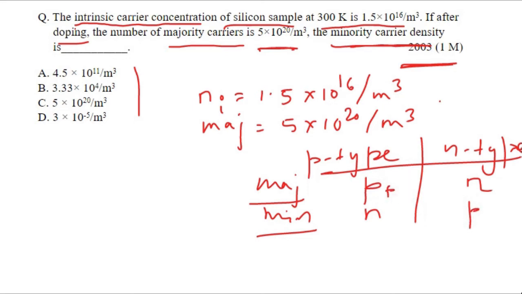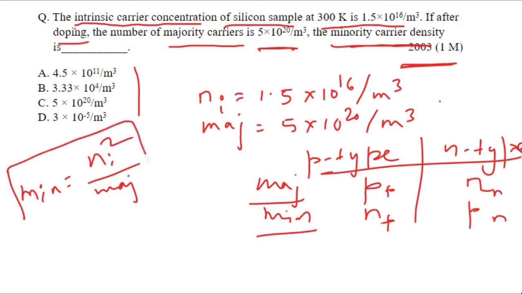It is written with subscript P for P type and subscript N for N type. So we have a common formula for both: minority carrier will be equal to Ni square divided by the majority carrier. This is a common formula for both types of semiconductors.